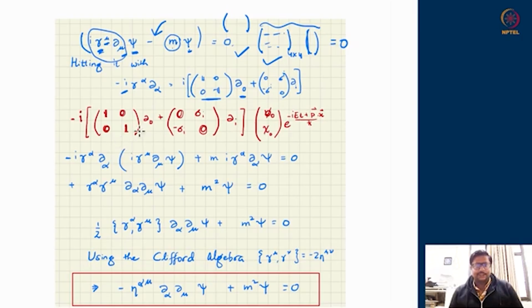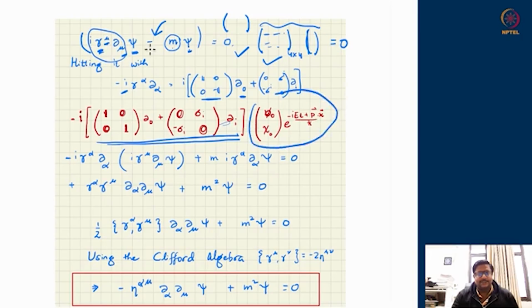Ultimately, this solution which I'm going to multiply it through will be matrix multiplication. This matrix multiplying this whole equation of motion is some 4 cross 1 dimensional matrix at the end of the day, because 4 cross 4 multiplying a 4 cross 1 should give me a 4 cross 1, which should be a 0 matrix.